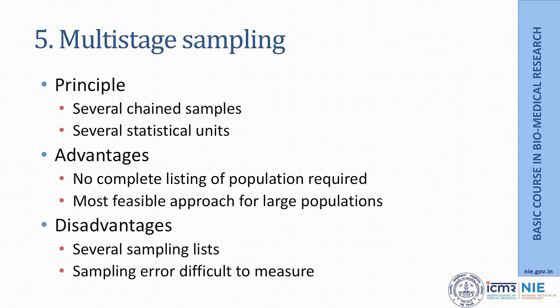The advantage is that no complete listing of the population is required, and it is the most feasible approach for large populations. The disadvantages are that there are several sampling units, and sampling error at times is very difficult to measure unless you follow very specific methodologies for selecting at each stage.